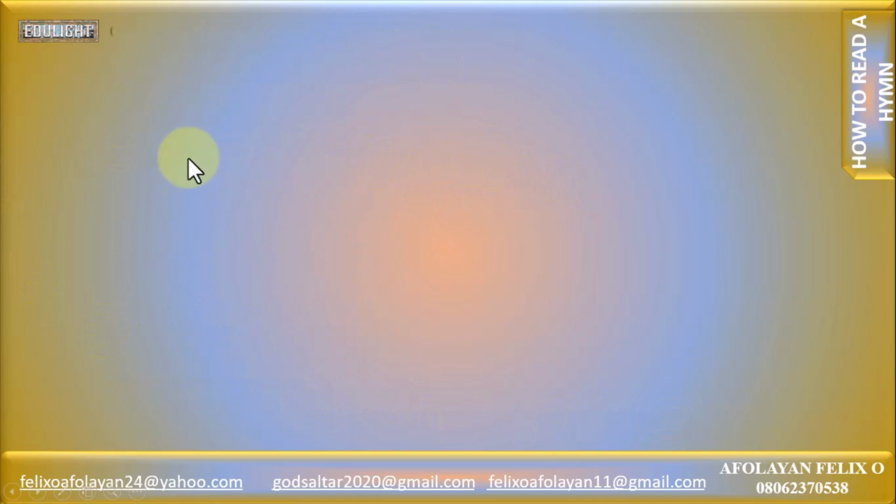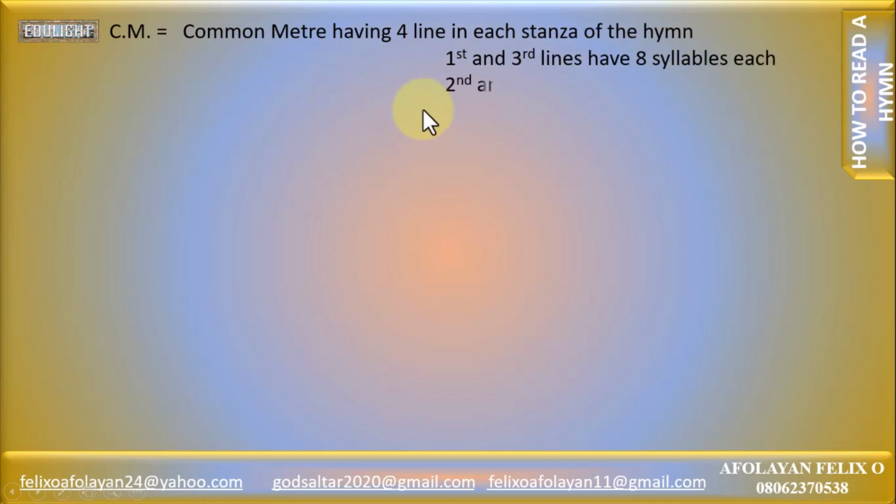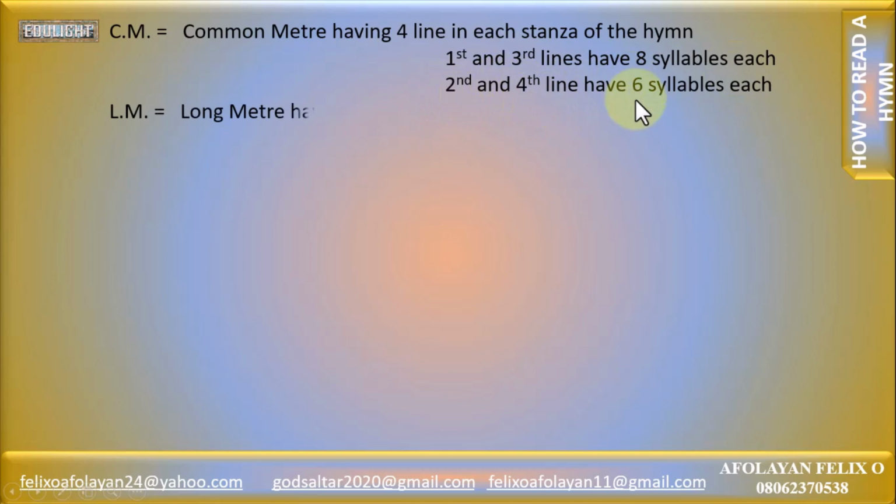Let us look at some of the common meters that we use. This CM, common meter: people who are familiar with hymns must have seen or heard about CM. CM means common meter, having 4 lines in each stanza of the hymn. Lines 1 and 3 have 8 syllables each. Lines 2 and 4 have 6 syllables each.